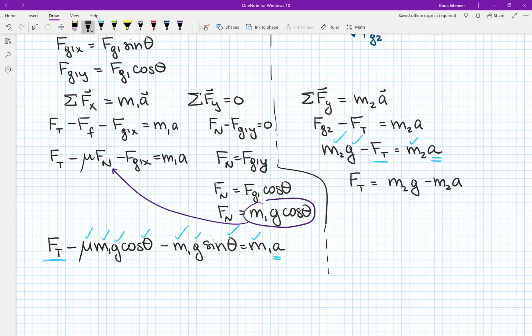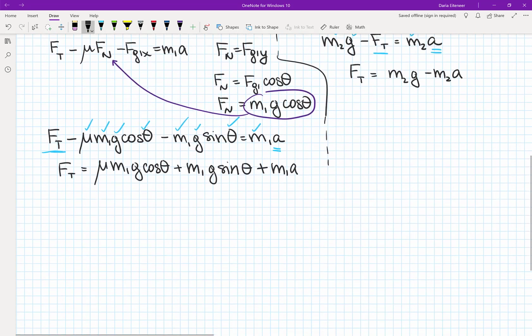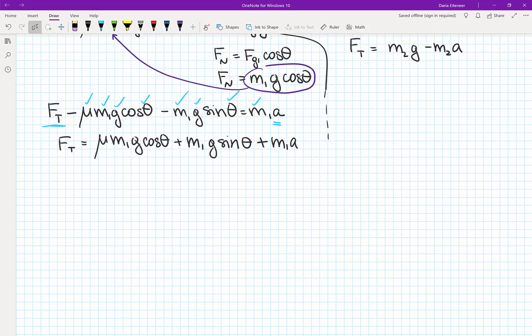I'm going to do the same thing for this first equation, solve it for force of tension. And because we already said that force of tension is the same throughout the rope, I can set these two expressions equal to each other.